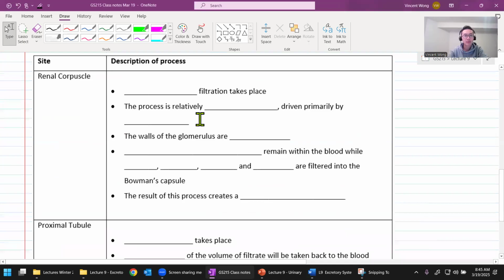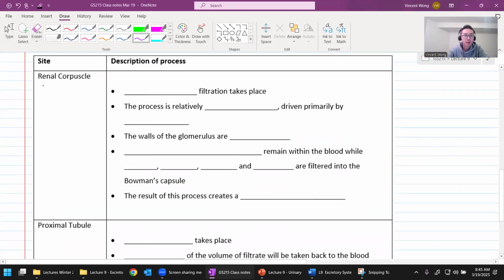Okay. So last class, at the end, we talked about what happens at the renal corpuscle and the proximal tubules. So let's just fill this in and then we'll continue with the note. Now, in case you forgot, renal corpuscle, corpuscle means bundle.